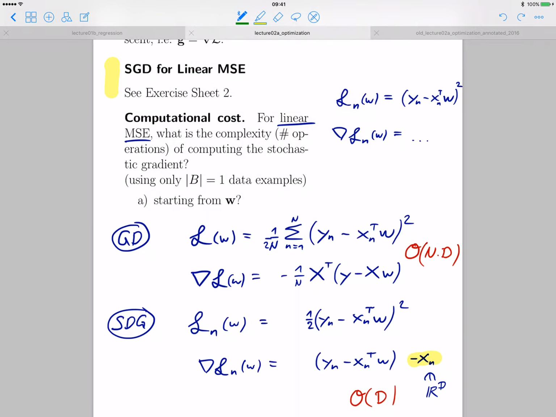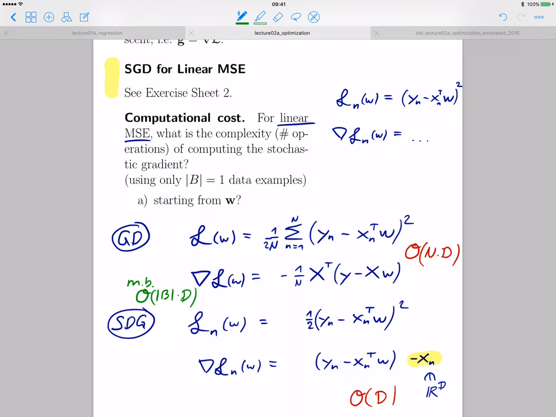Otherwise, it's the cardinality of B multiplied by d. Yeah, so you're right. In the mini batch, the complexity is basically the size of the mini batch times d, and d is what it costs me to get one of these guys, right? So that's why the mini batch variant takes this much time for one iteration.